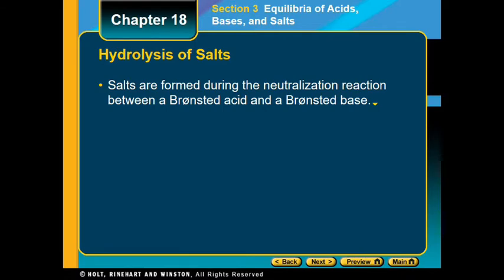Salts are formed during a neutralization reaction between a Bronsted-Lowry acid and a Bronsted-Lowry base. As a refresher, Bronsted-Lowry acids are proton donors, and a Bronsted-Lowry base is a proton acceptor.